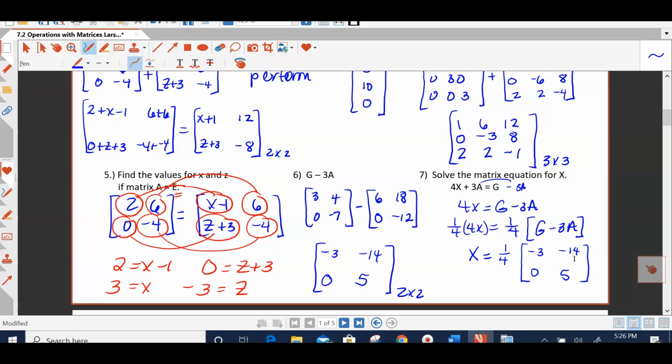I'm out of room right now, but what I would do to finish this is multiply the 1/4 times the negative 3, and that would give me negative 3/4. The 1/4 times the negative 14 would give me negative 14/4. 1/4 times 0 would be 0. 1/4 times 5 would be 5/4.